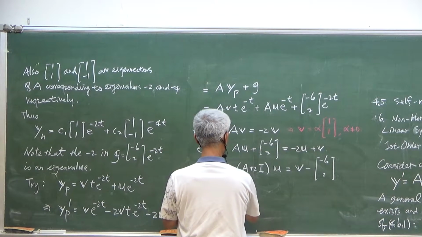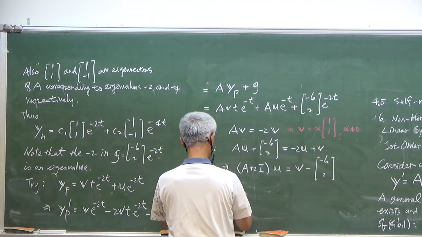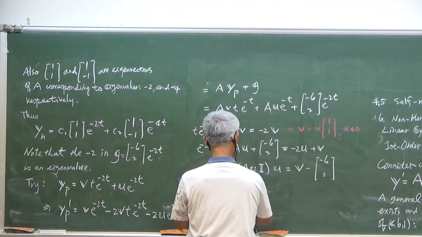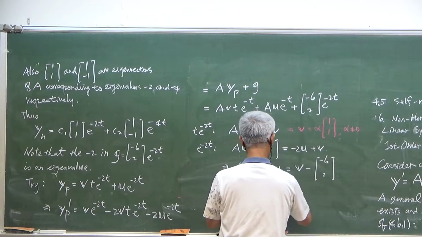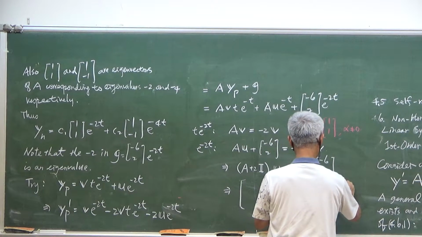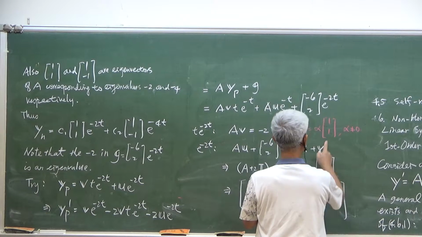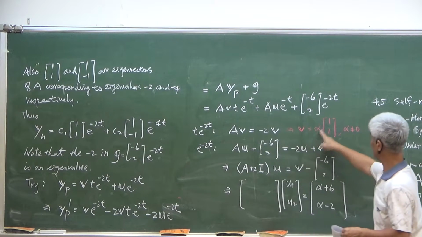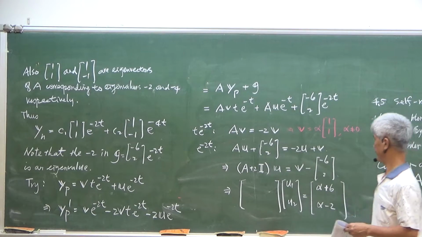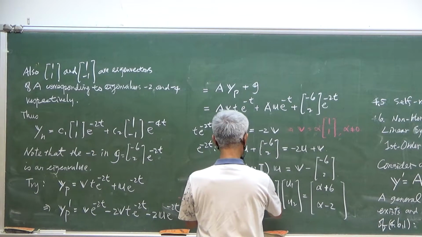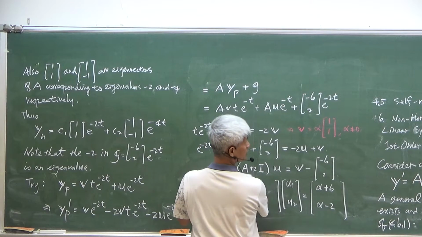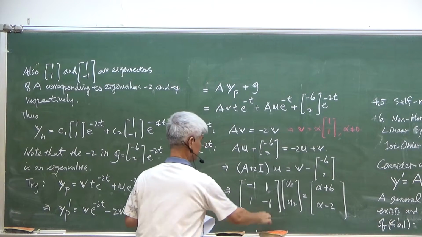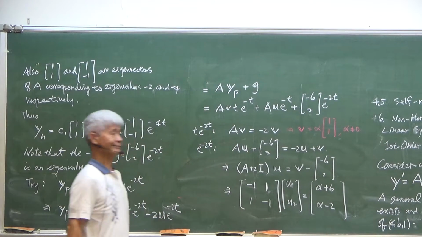And so you can see that we have u1 and u2, and we have alpha minus 6 plus 6, alpha minus 2, where v is alpha 1 1 here. Okay. And for here, A plus 2I is equal to minus 3, so we have minus 1 and 1, 1 minus 1.